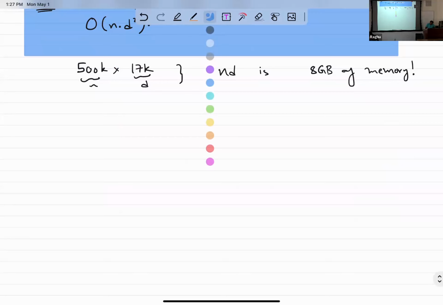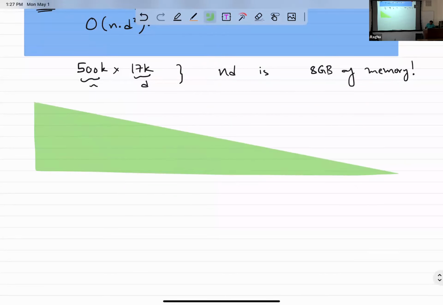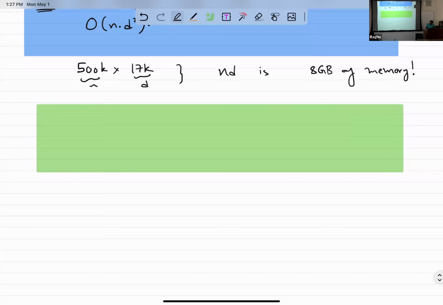So the question that we should ask ourselves is, can we compute the first 30 singular vectors?